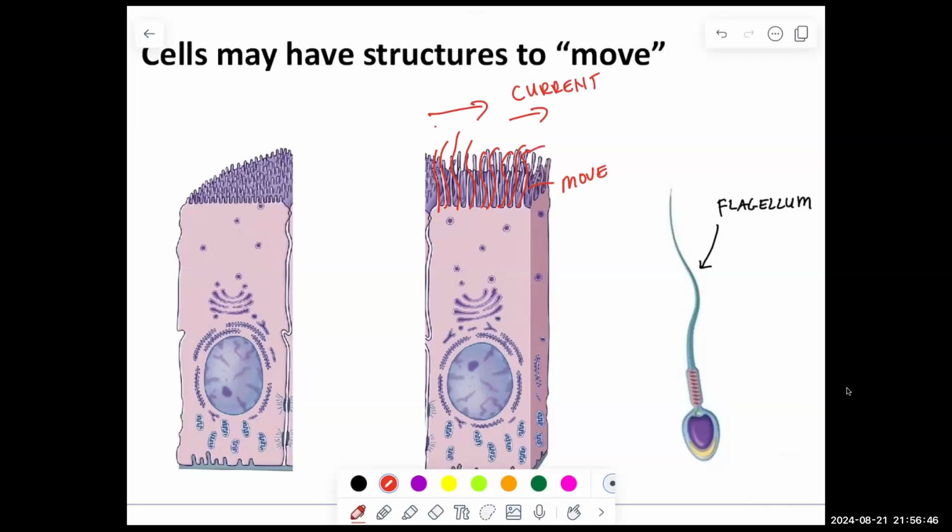Those little hairs for current are called cilia. And they move right above the cell just so that a current is created so it can move the fluids from one location to another. This happens in your brain, folks. The cerebrospinal fluid is moved by a bunch of cilia, so it moves that fluid throughout your brain, throughout your spinal cord.